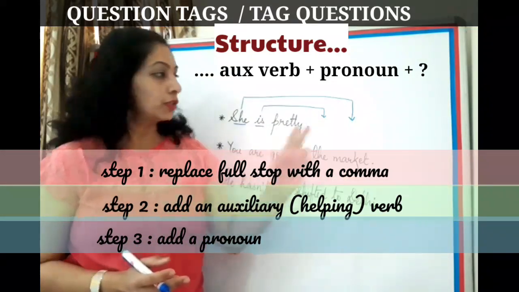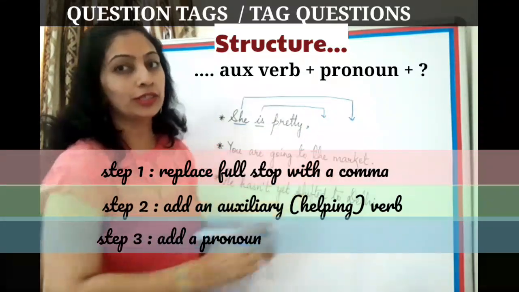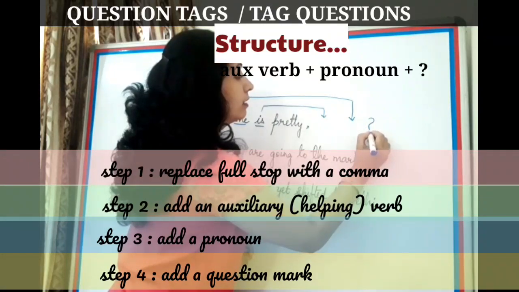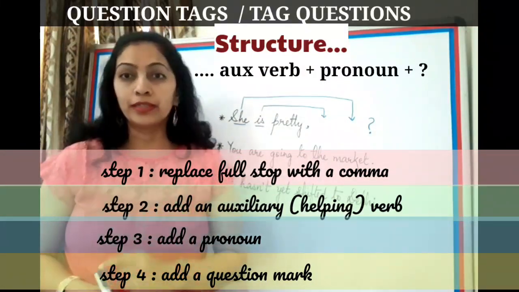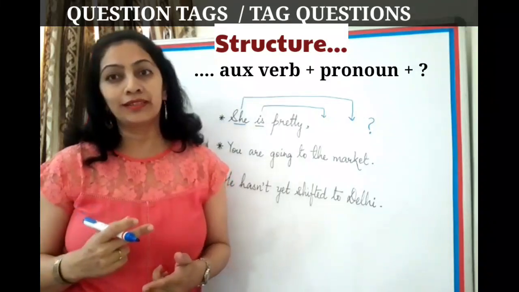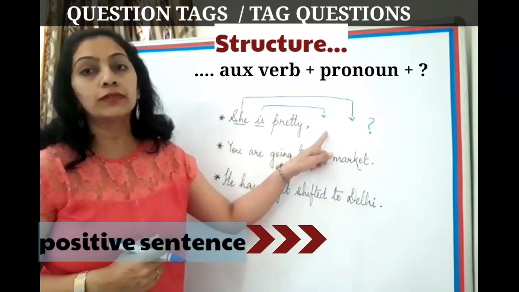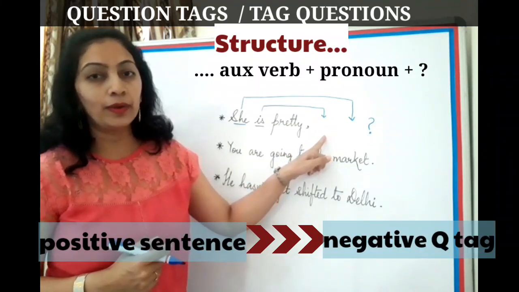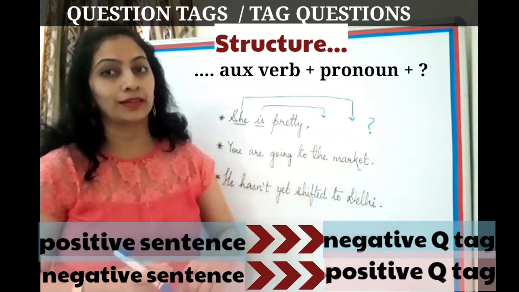So these two parts will make my question tag, and at the end of the question tag I will always add a question mark. Now, one point that you have to always remember here is that positive sentences will always take a negative question tag, whereas a negative statement like this will always take a positive one.